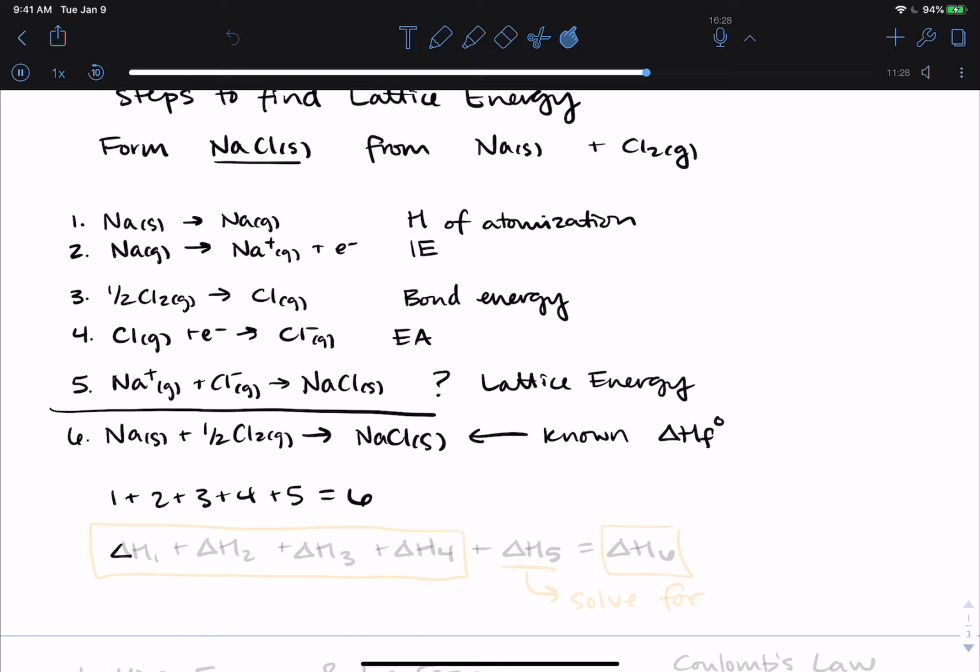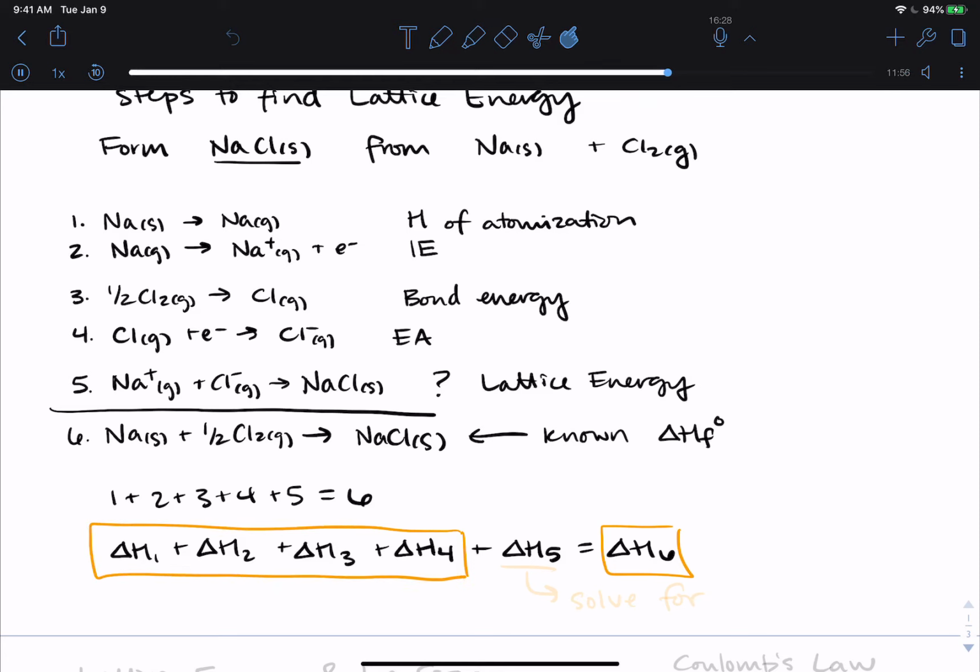So delta H1 plus delta H2 plus delta H3 plus delta H4 plus delta H5 equals delta H6, and we know 6, and we know 1 through 4, right?